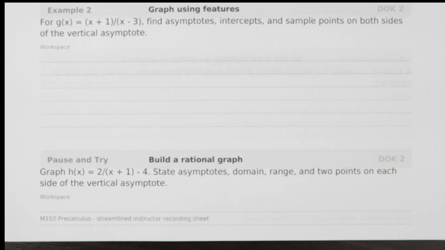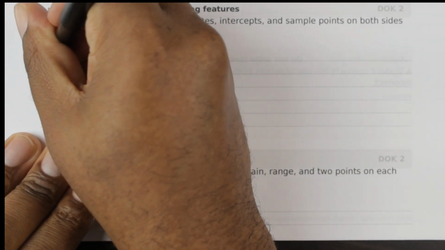So we have g of x equals (x plus 1) divided by (x minus 3). We're going to find these things. First of all, we need to start with the vertical asymptote because the denominator cannot be equal to 0. We have x minus 3 cannot be equal to 0.